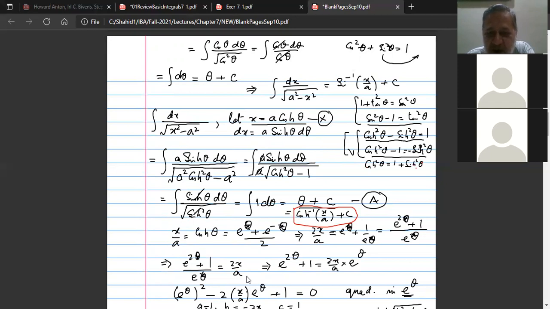That means wherever I have used this, instead of cos hyperbolic theta I should have used sin hyperbolic theta. So the result being formed is not for x square minus a square but for x square plus a square.